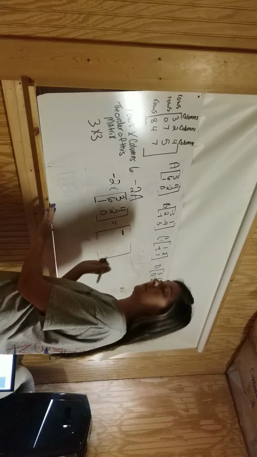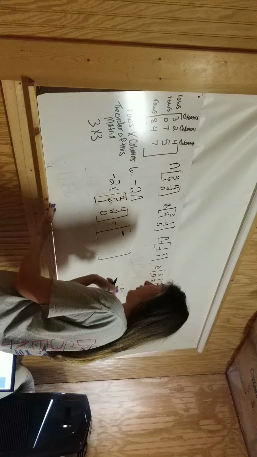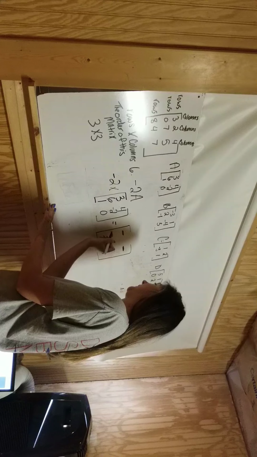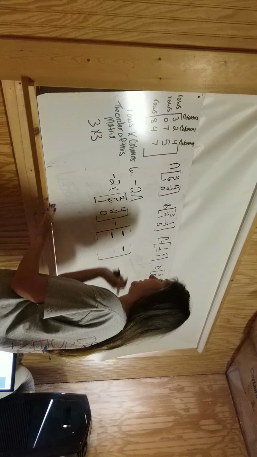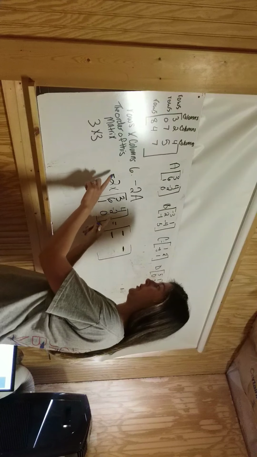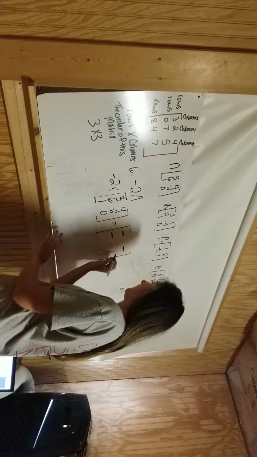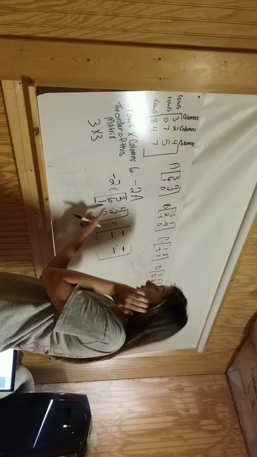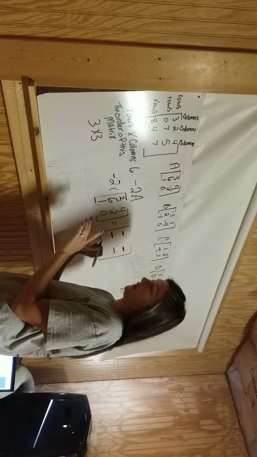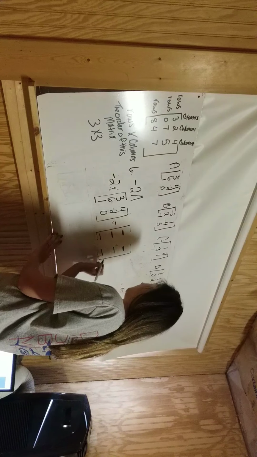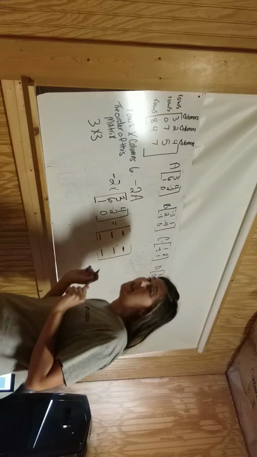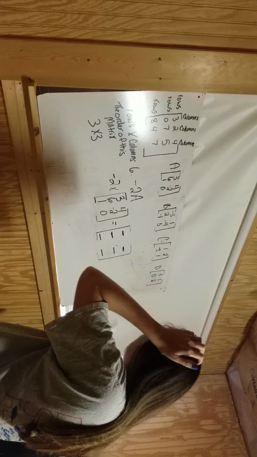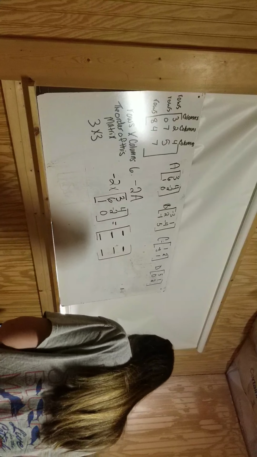Negative 2 times 4. Negative 2 times 6. Negative 2 times negative 2. Remember, two negatives make a positive. All these will be negative. Negative 2 times 1, also negative. And anything times 0 is 0. So I believe y'all have that one, okay? That was number 6. You're just multiplying.